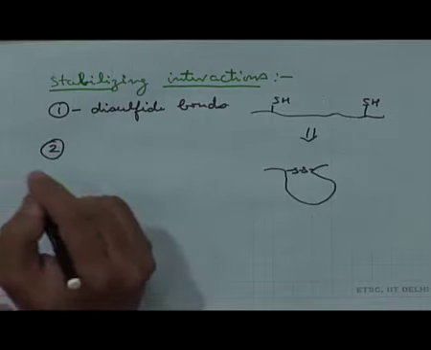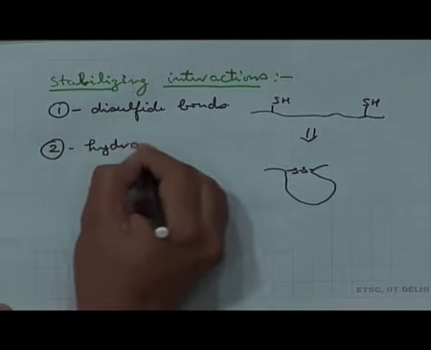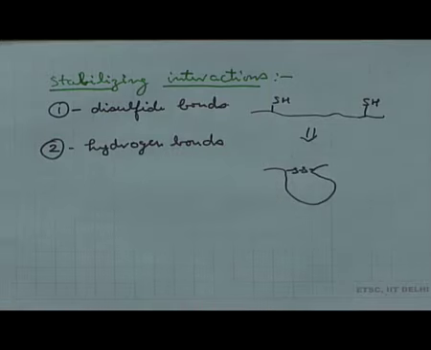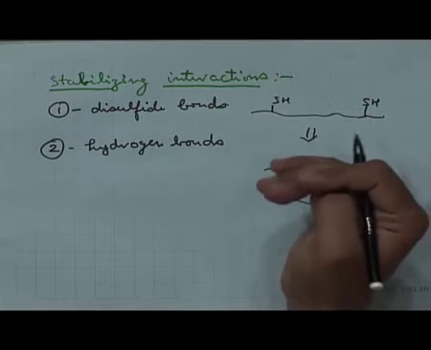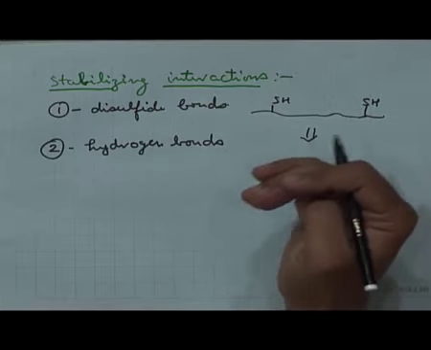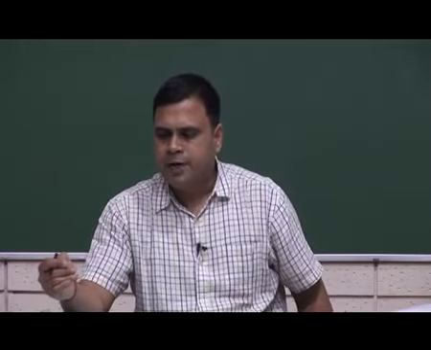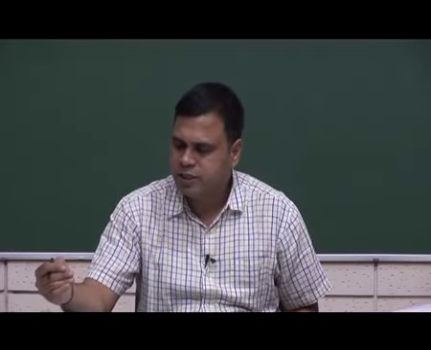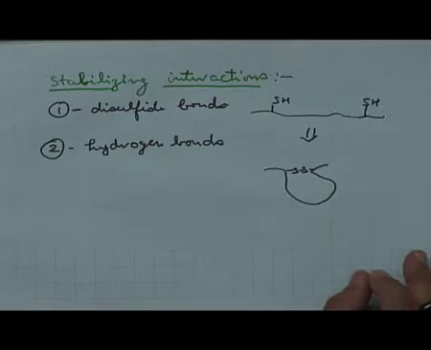Second is hydrogen bonds. First, I am giving this general example of how stabilizing interactions help the protein to be stable, and that leads to the tertiary structure. After this I will give an individual example and explain it.